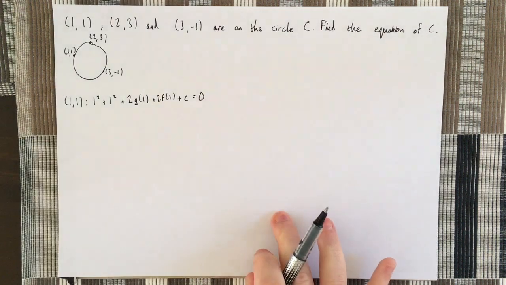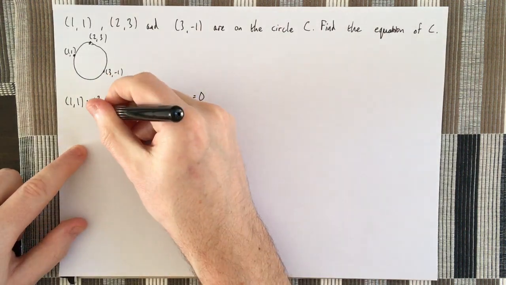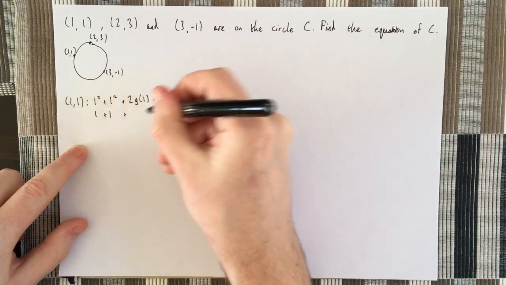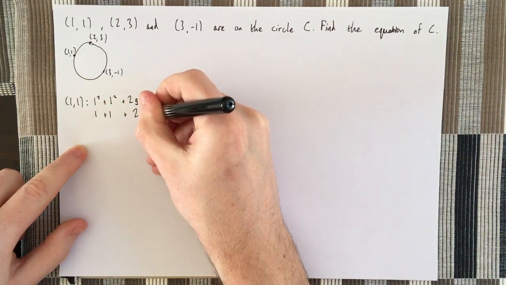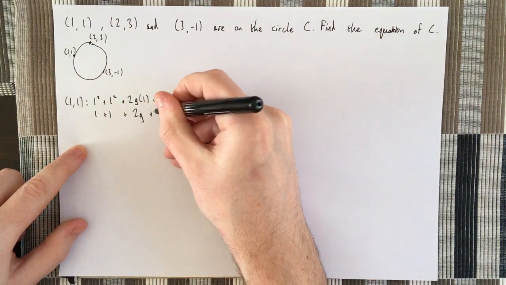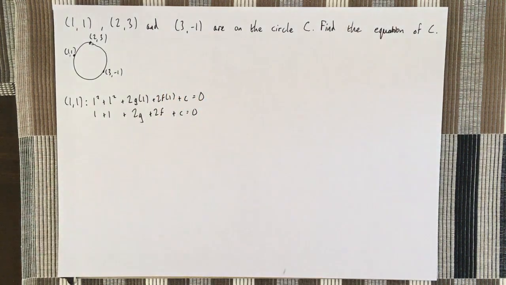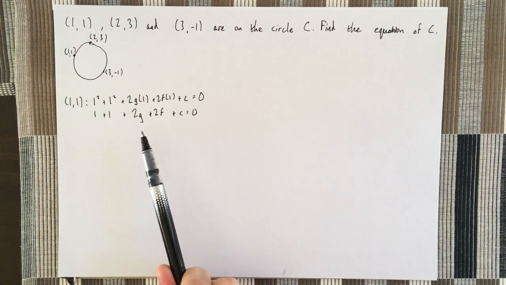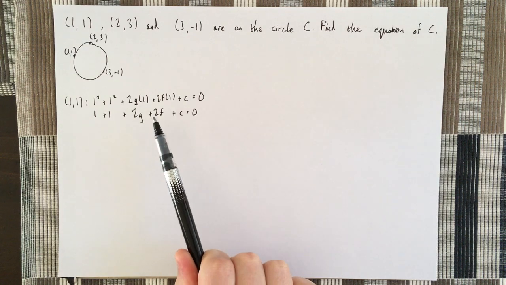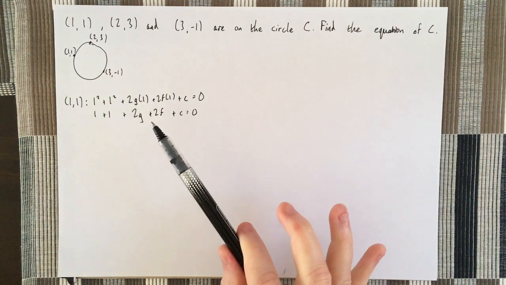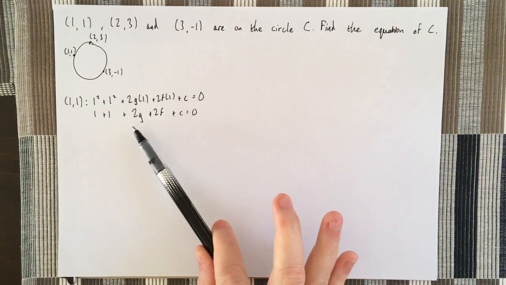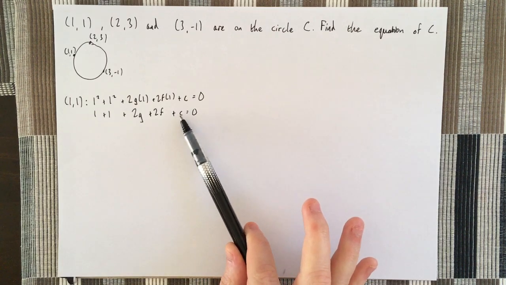So let's just multiply this out. 1 squared is 1, plus 2g times 1 is 2g, 2f times 1 is 2f, plus c is equal to 0. So I've got an equation here with 3 unknowns, g, f, and c, and I need to solve for g, f, and c.